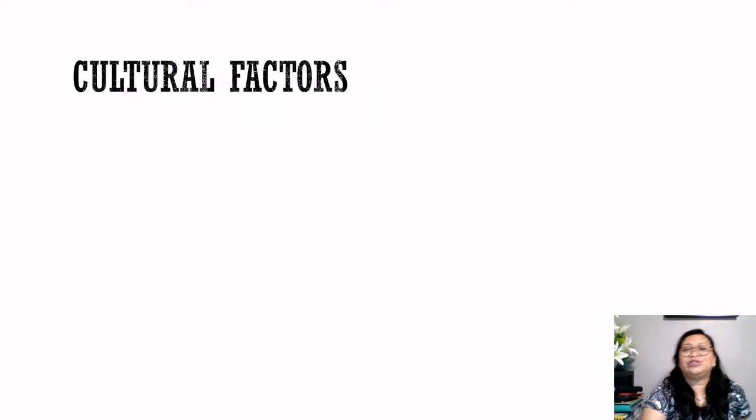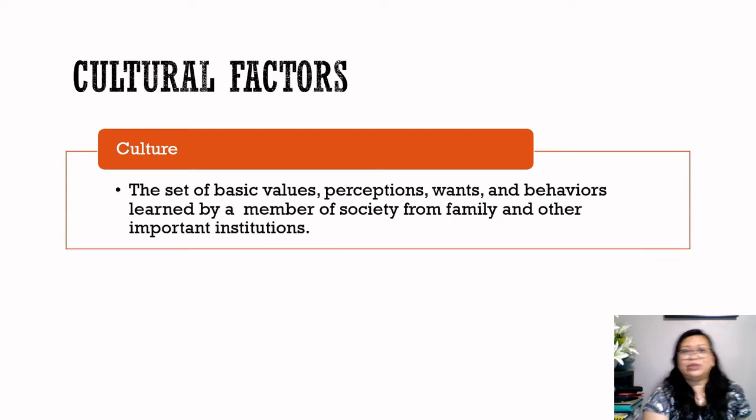Now, let's talk about each of these categories. First is cultural factors. Under cultural factors are culture, subculture, and social class. Culture is a set of basic values, perceptions, wants, and behaviors learned by a member of society from family and other important institutions.